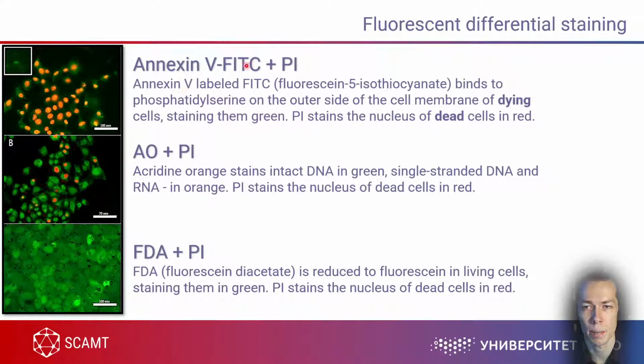So what is annexin? What about annexin-labeled FITC? FITC produces green fluorescence, but when we conjugate FITC with annexin, annexin can specifically bind to phosphatidylserine, which is usually on the inner surface of the cell membrane. But when a cell enters apoptosis or another type of cell death, or even if some damage occurs to the cell, this phosphatidylserine switches from the inner side of the cell membrane to the outer side.